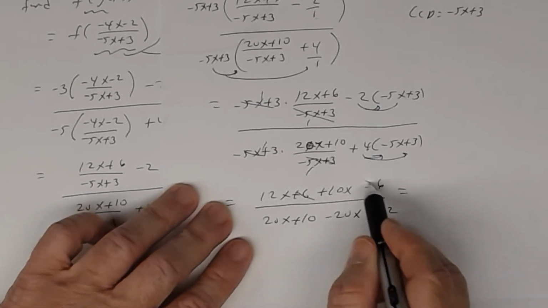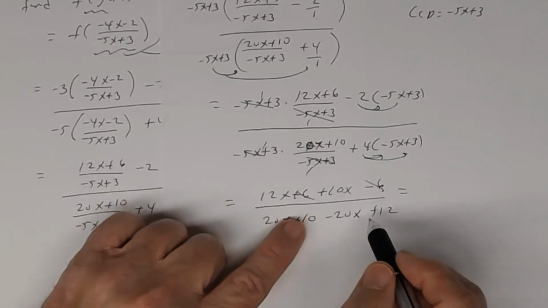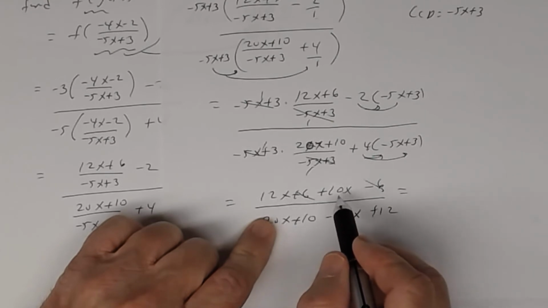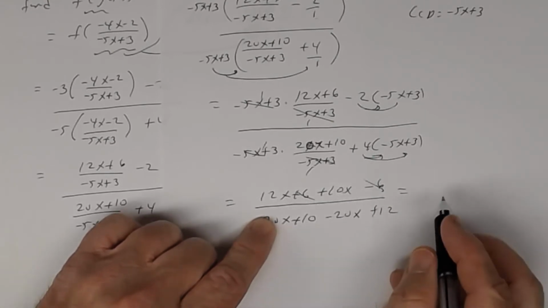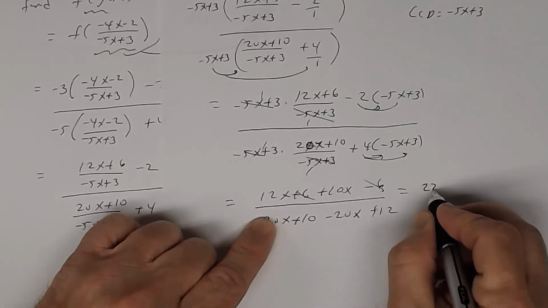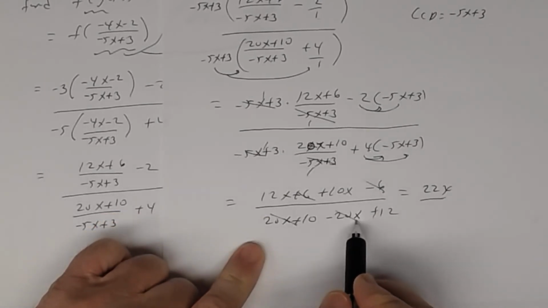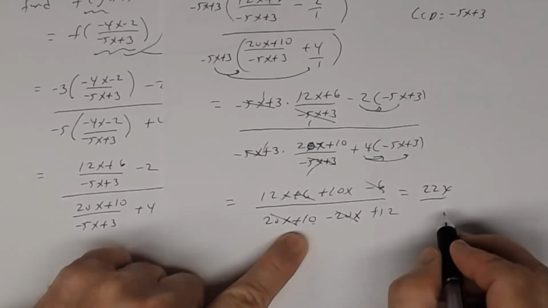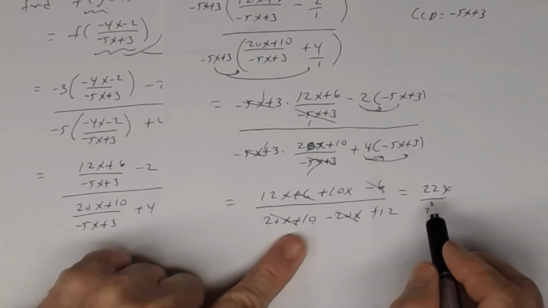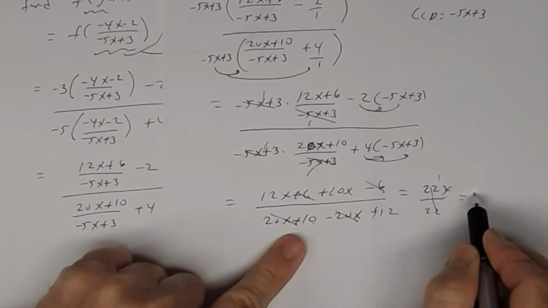The 6 cancel out here. 6 and negative 6, that's 0. 12x and 10x is 22x. Over here, the 20x and negative 20x is 0. 10 and 12 is 22. Look, we're done. 22 divided by 22 is 1, so you just get x.